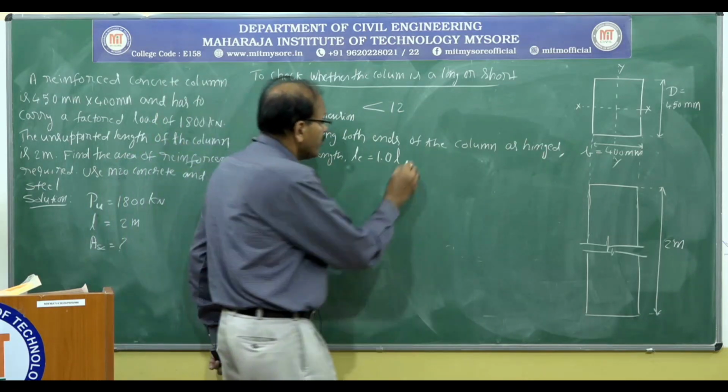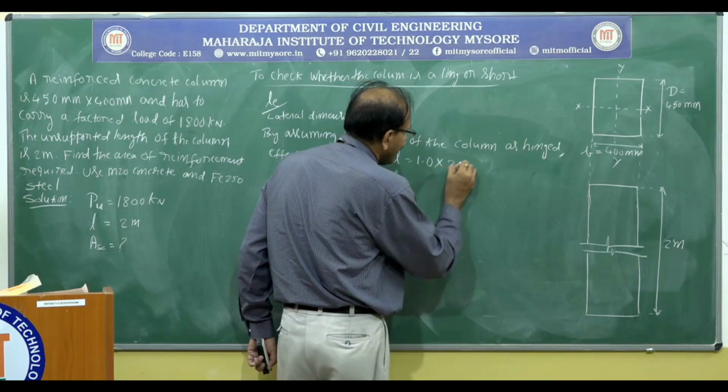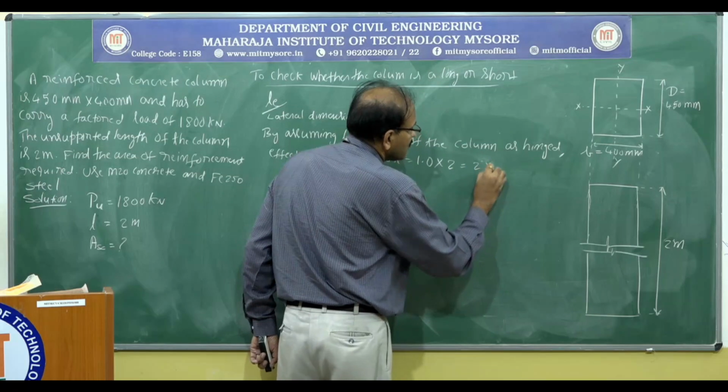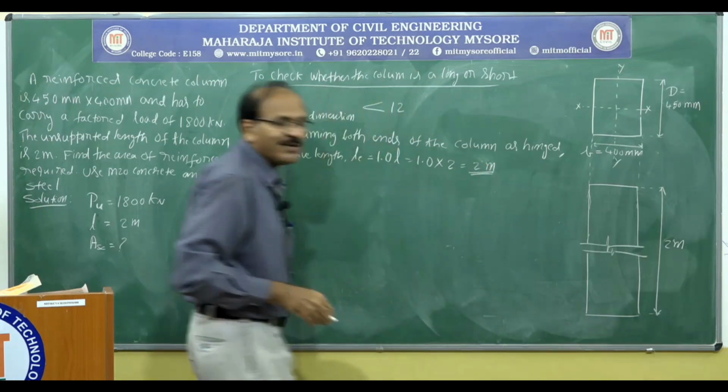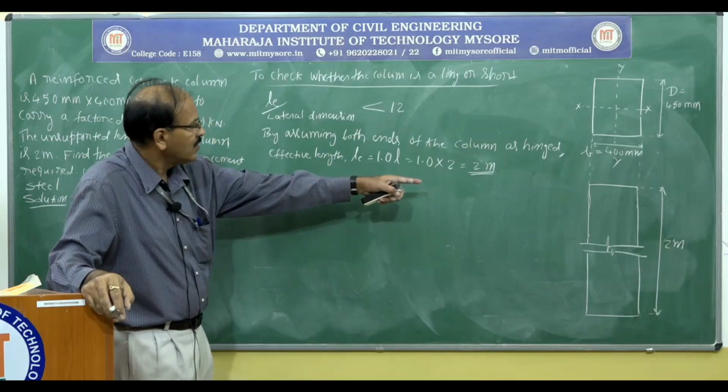Here 1.0 multiplied by the unsupported length is 2 meter, that is, 2 meter is the effective length. Is it clear to you?